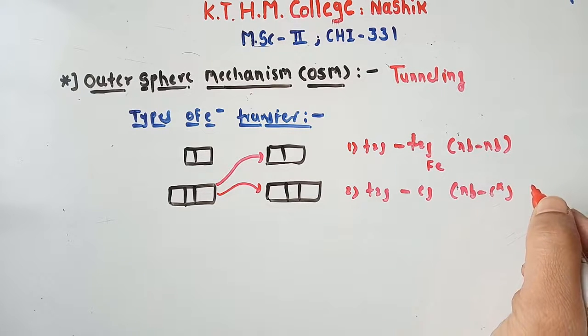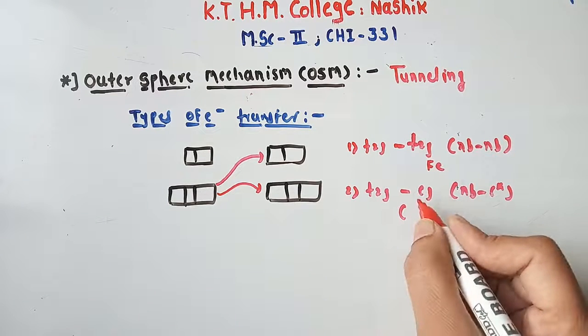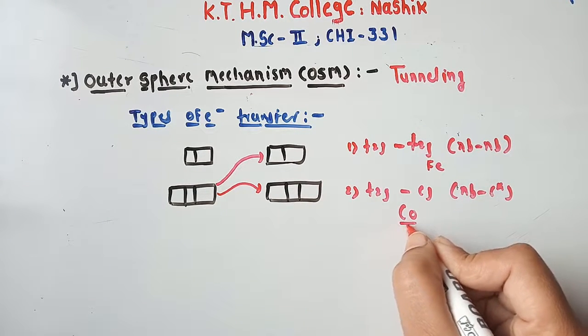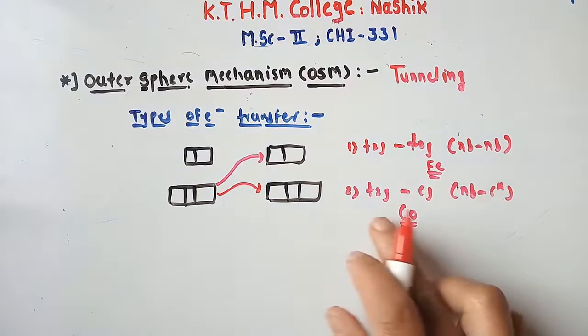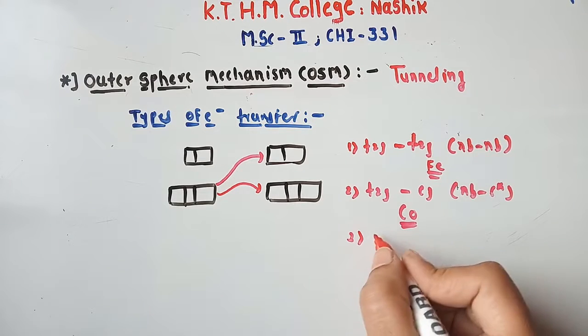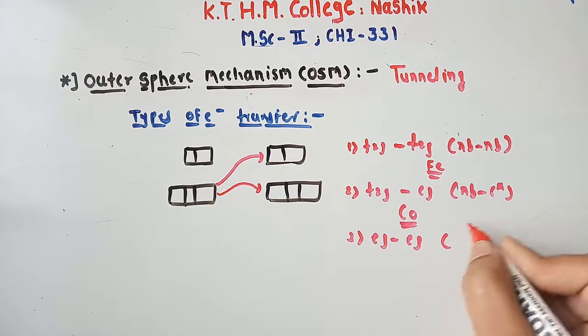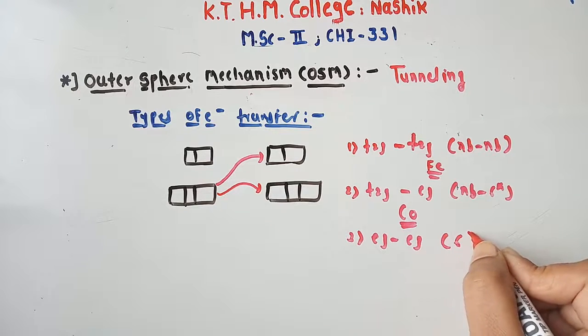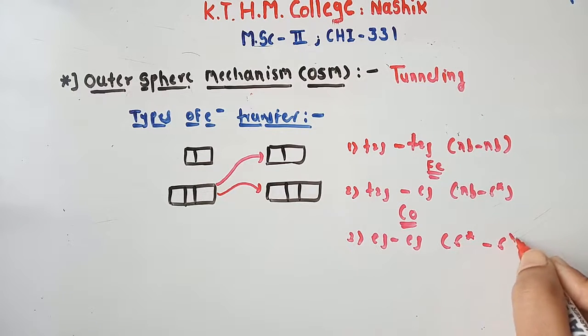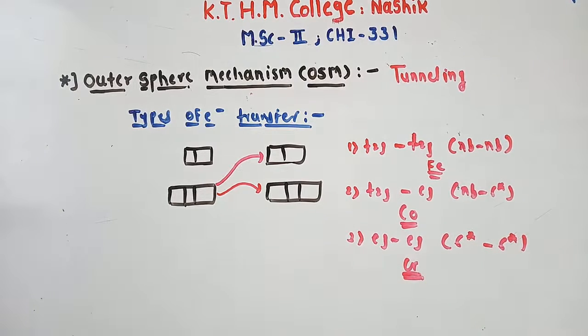This case is applicable for all cobalt complexes. And the last type of transition is Eg to Eg, meaning sigma star to sigma star. All chromium complexes show such a type of transition.